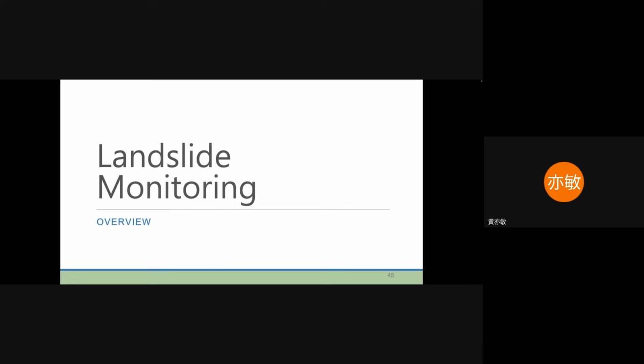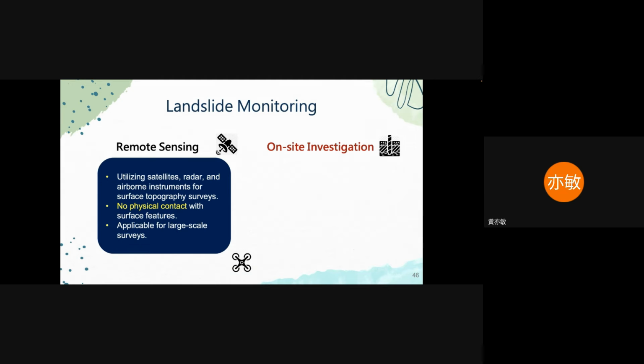So we need to monitor something. How do we monitor a landslide, what kind of options do we have, and finally, I will give you a case I used to work on. In Taiwan, we tried to monitor a landslide area around a village in northern Taiwan.